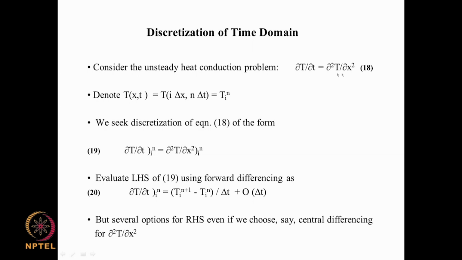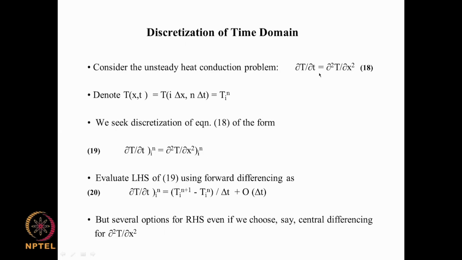Of course the problem is fully specified only when we give the initial conditions and the boundary conditions. We will come to that, but now we have T, the temperature, as a function of both x and t.